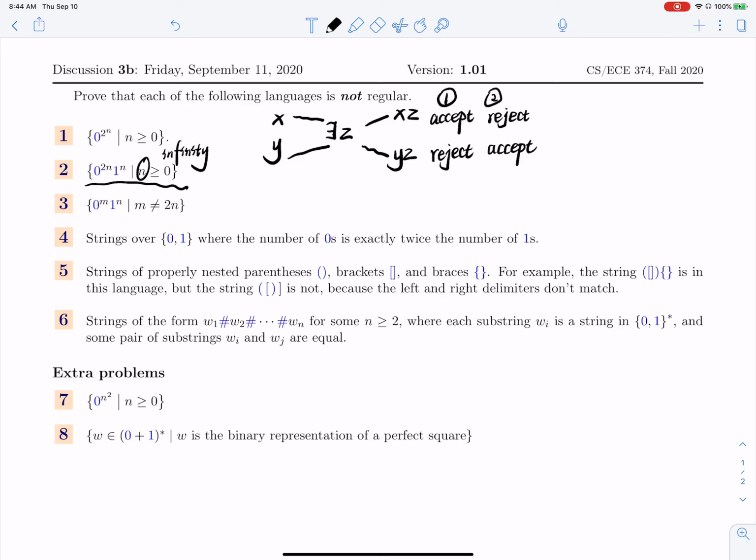It means these two strings x and y are distinguishable.